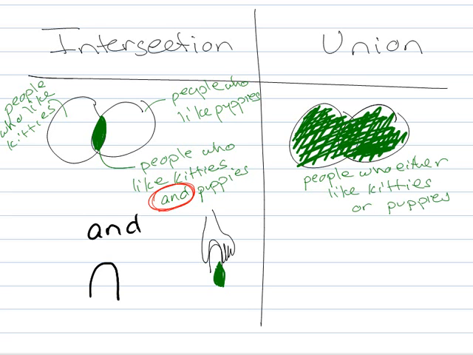So people who either like kitties or puppies. So the key word here for union is or. The mathematical symbol for or is this one. It's also kind of like a U for union, is one way to think about it.